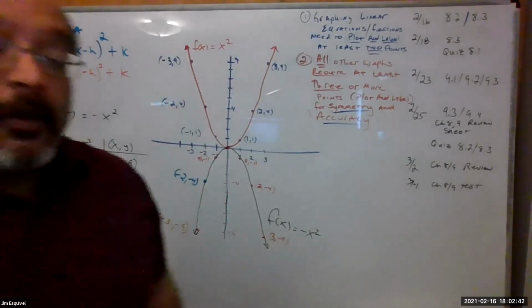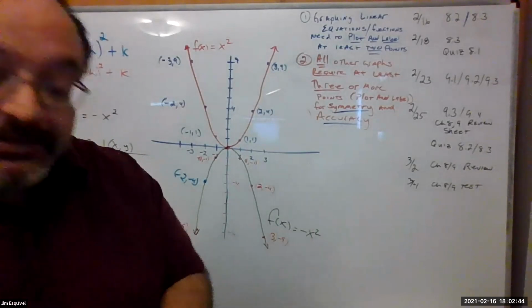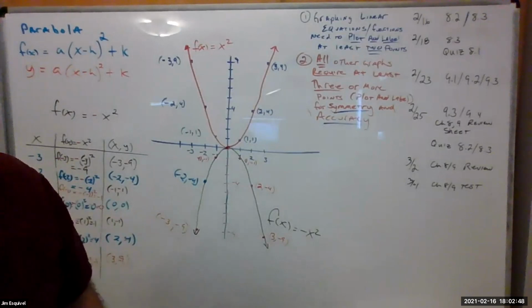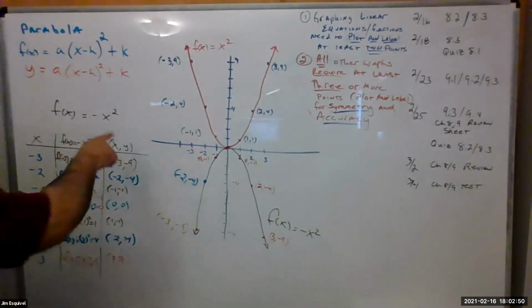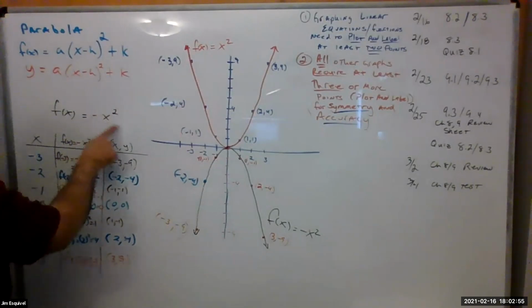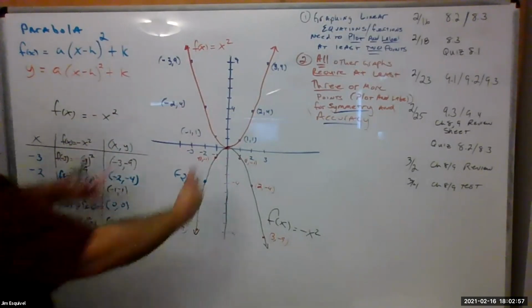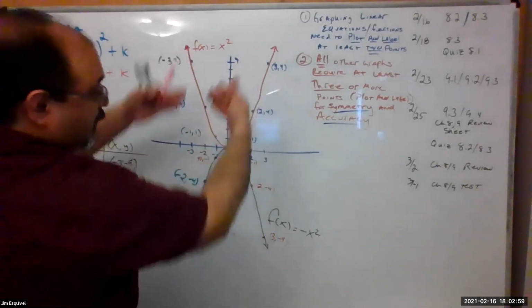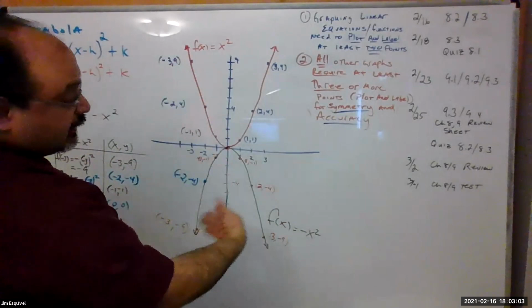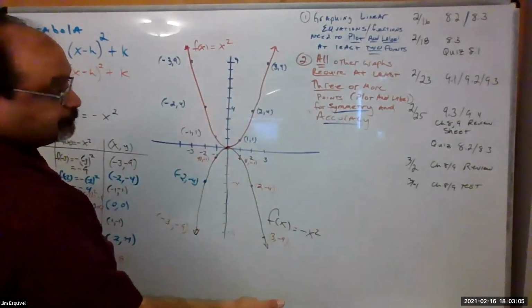And this is always true for any class, no matter what class you're in. If you change the sign of the function, if you put a negative in front of whatever the function is, it is always going to flip everything upside down. Positives become negatives, negatives will become positives.